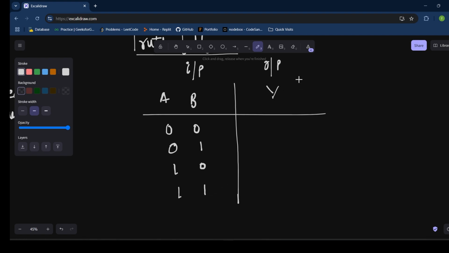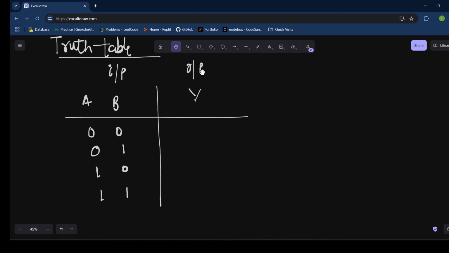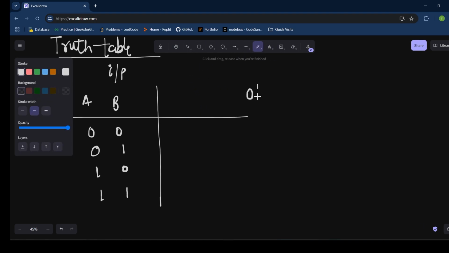And to have this table, I will show you some trick, so only for your understanding. So you can derive the table of this NAND gate with the help of one trick, that is, so let's have the output here Y.